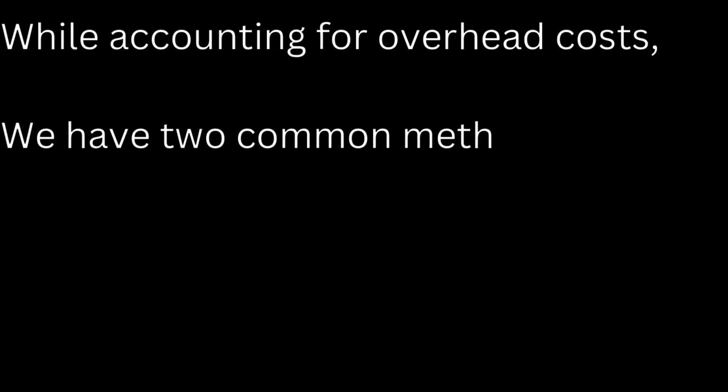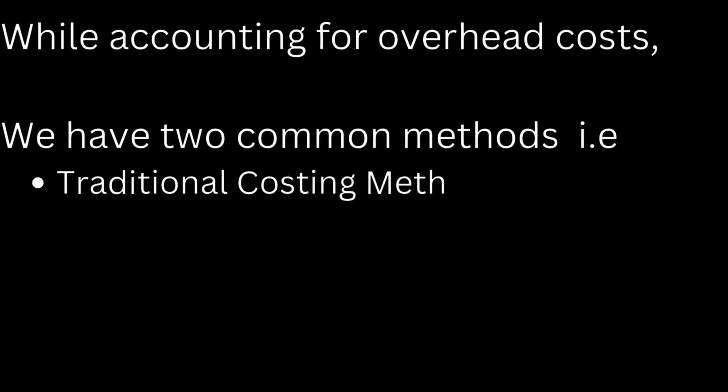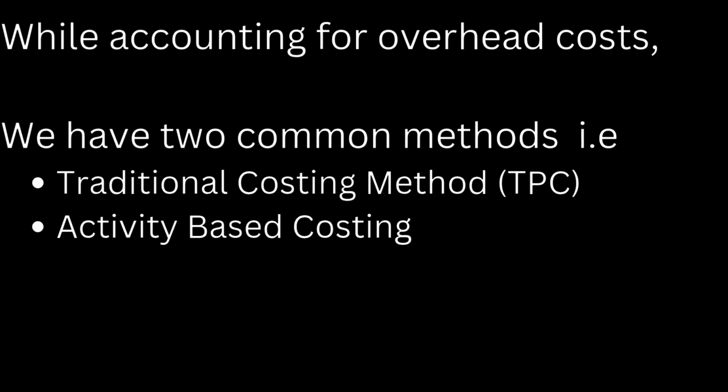While accounting for overhead costs, we have mostly two common methods that we're going to deal with here. We have TPC, which is the traditional costing method, and then we have ABC, which is the activity-based costing method. So let's start with the TPC.